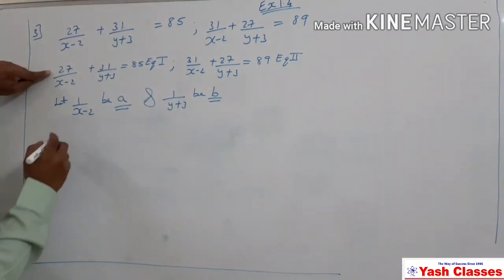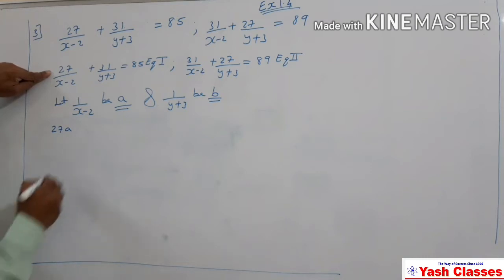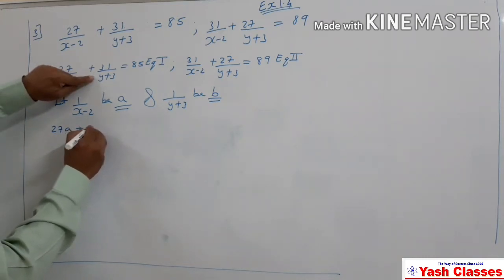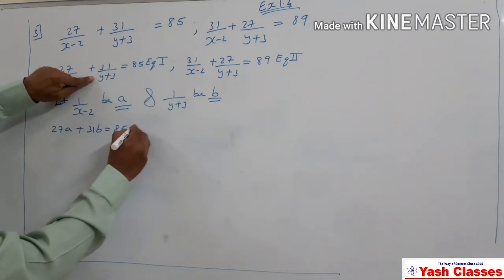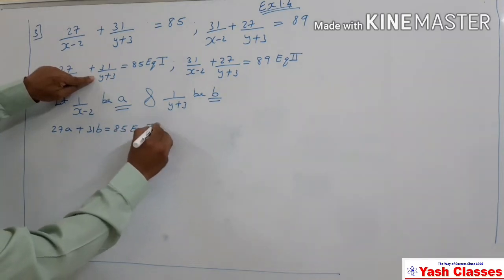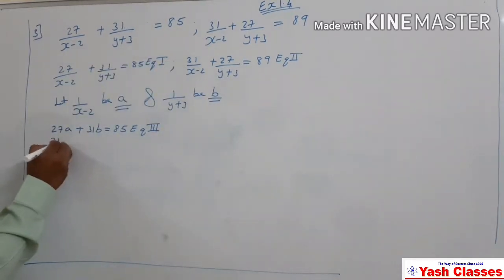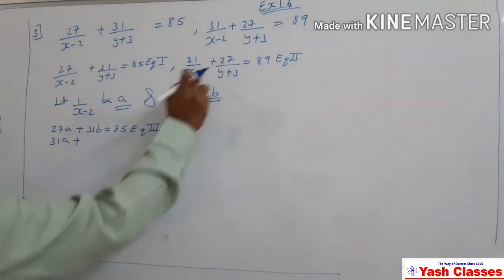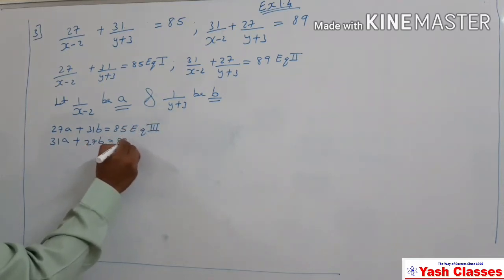Now here it will come 27a plus 31b is equal to 85, equation number 3. And 31a plus 27b is equal to 89.